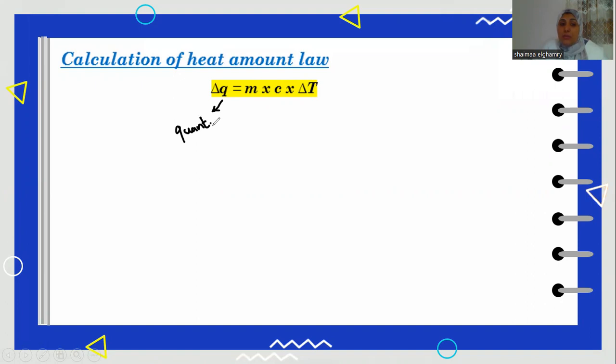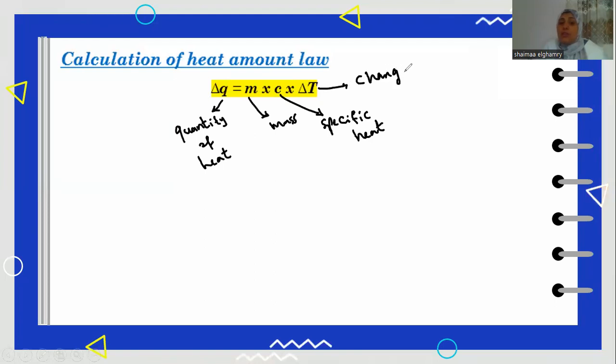Q equals m, which represents the mass of the substance. C represents the specific heat of the substance, and delta T represents the change in temperature.